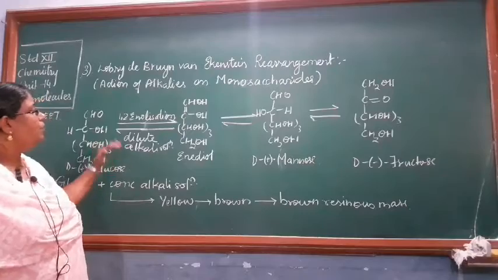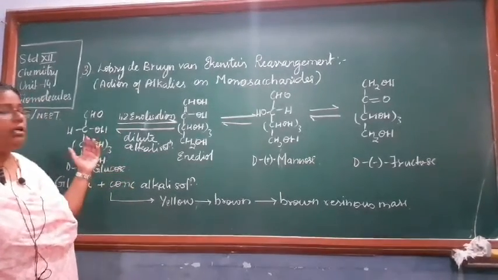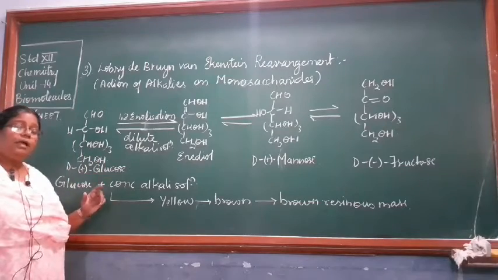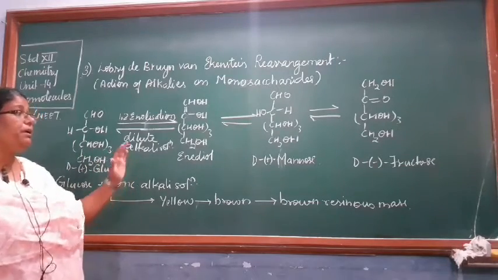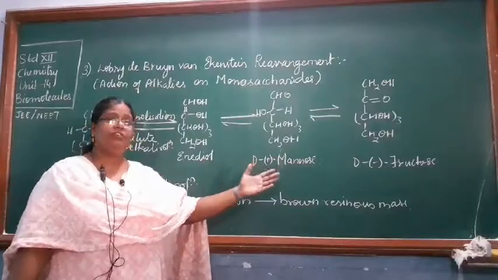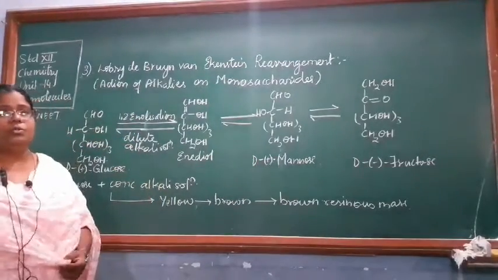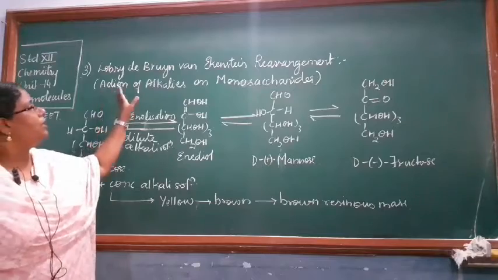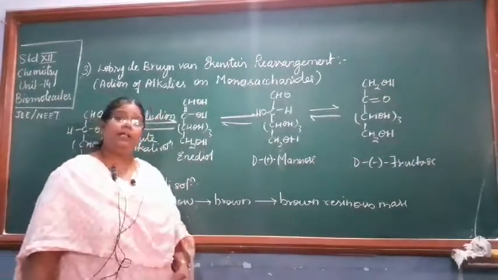Okay. So, through 1,2 enolization you find that the glucose has converted into an equilibrium mixture of D-mannose, D-fructose and glucose. Okay, this is how we can understand the reaction of monosaccharides with alkali.